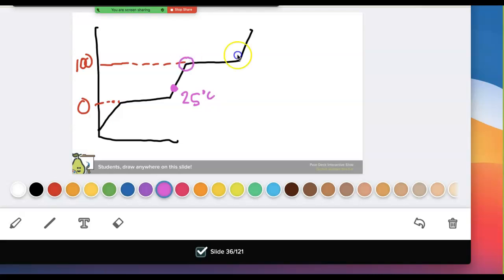There are 2 locations you can pick for water at 100. There's this intersection and this intersection. This intersection is liquid water at 100, and this intersection is gas or vapor at 100. Why? Well, because liquid is over here and gas is over here. So if you're over here, you're on the liquid side. If you're over here, you're on the gas side. So when it says steam at 100, you're going here, because that's by the gas side.